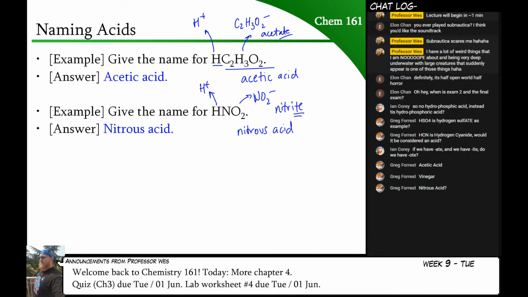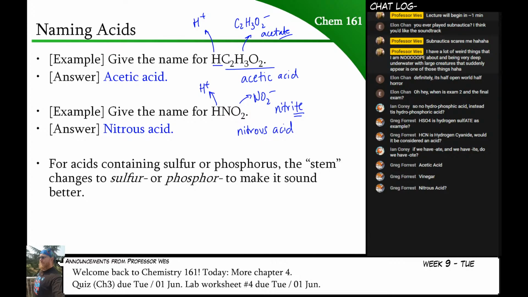And then I think the next examples I have are, remember that if we have sulf or phos, these are our stems that we might get from something like sulfate or phos. That should be an O. Let me just erase that.